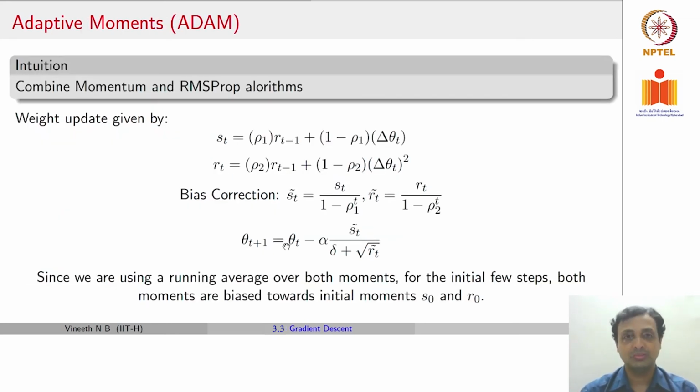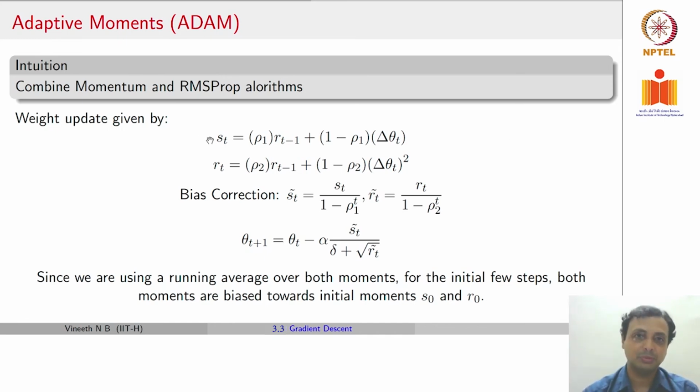The most popular algorithm that is used for training neural networks today for adapting learning rates is known as ADAM or adaptive moments. Adaptive moments uses a simple intuition of combining ideas of RMSProp and momentum in a way. Let's see how that is done.